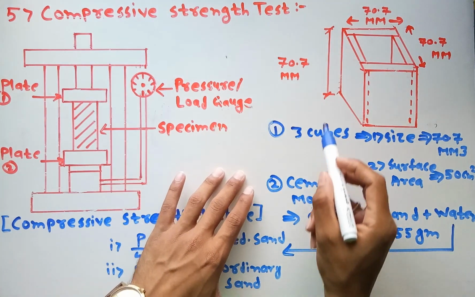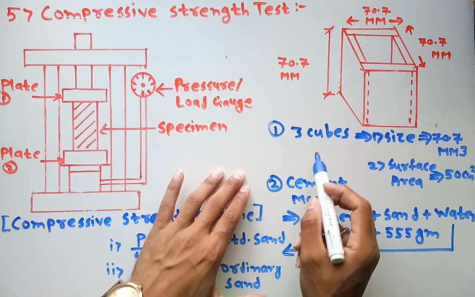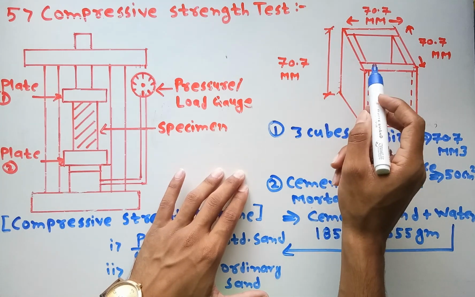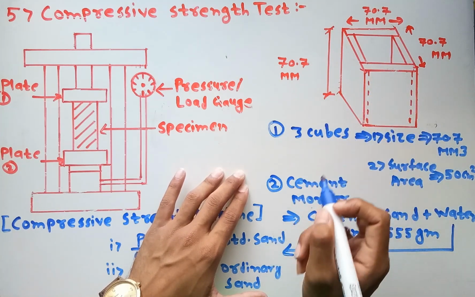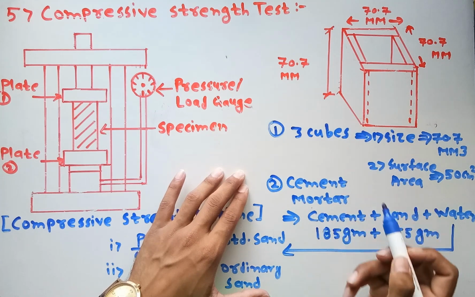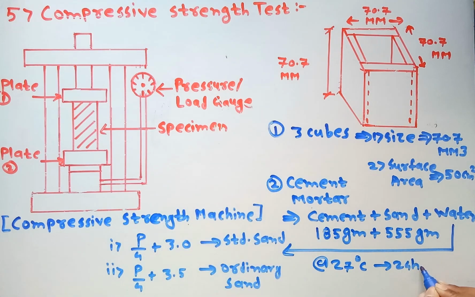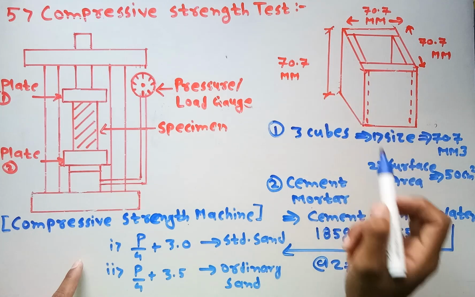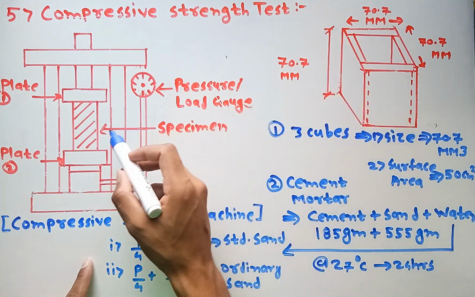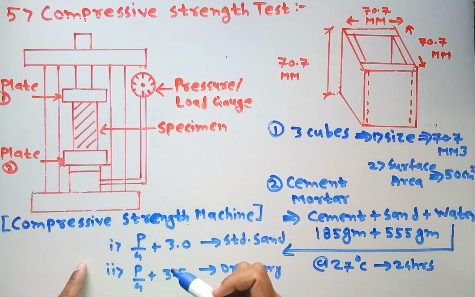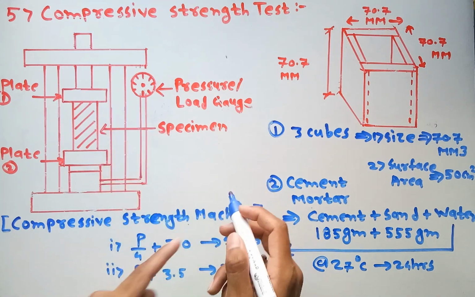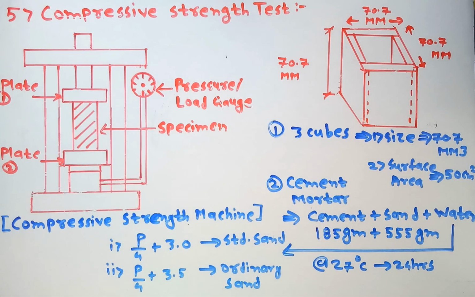Then this cement mortar is filled in these cubes, and these cubes are kept for 24 hours at room temperature. For Indian conditions, the room temperature is around 27 degrees Celsius. After 24 hours the cubes are sent into the compressive strength machine, and we can determine the compressive strength as follows.